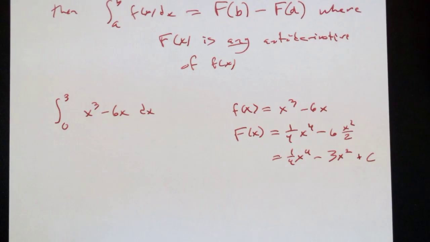The very top of the screen says I need to take the upper limit, B, and the lower limit, A, plug them in and subtract.